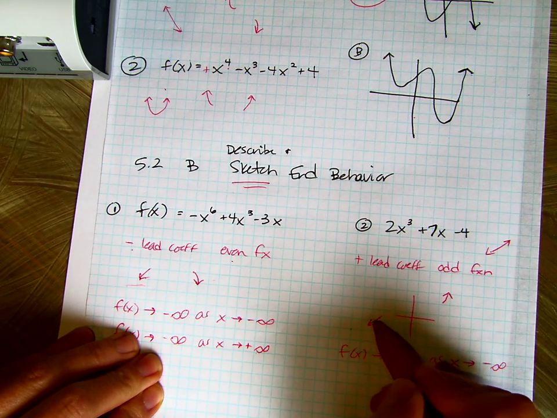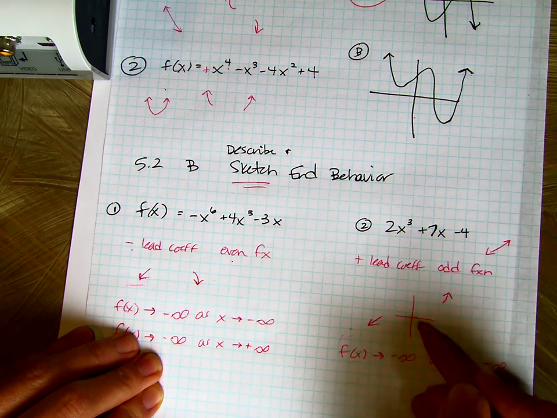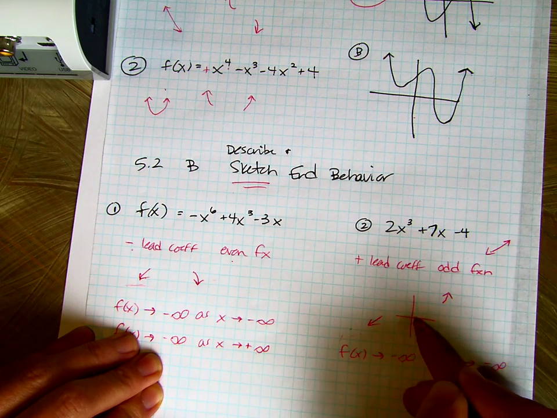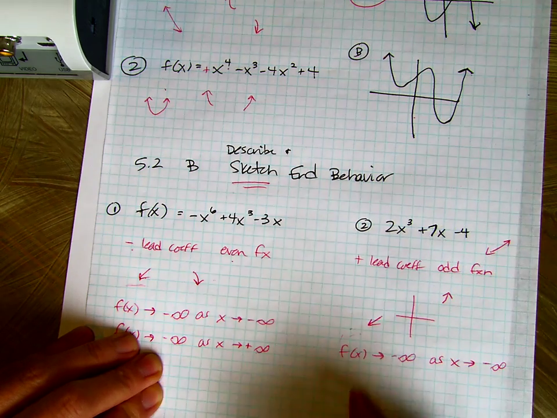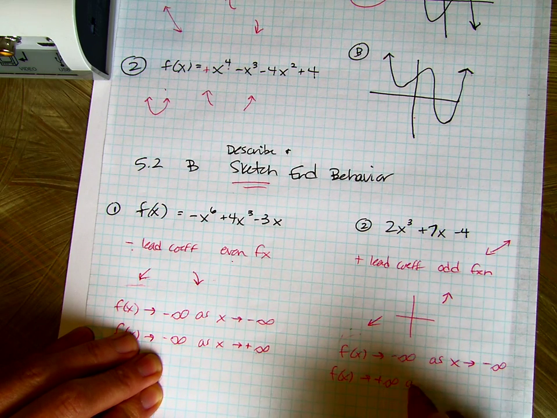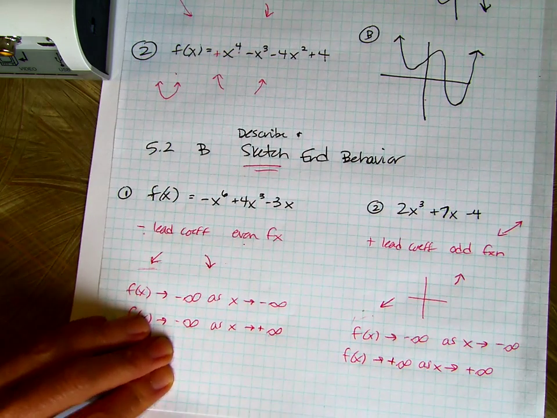If I'm tracing the function out to the left, it's going to go down. If I'm tracing the function out to the right, it's going to go up. So the value of my function will go to positive infinity as x goes to positive infinity.